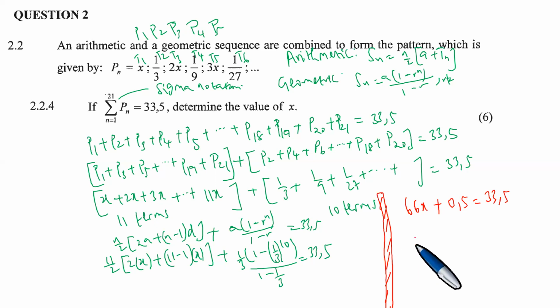So if you solve for x, it's 66x, and subtracting 0.5 gives us 33. You divide by 66, and x is 1 over 2. And that is the value of x.